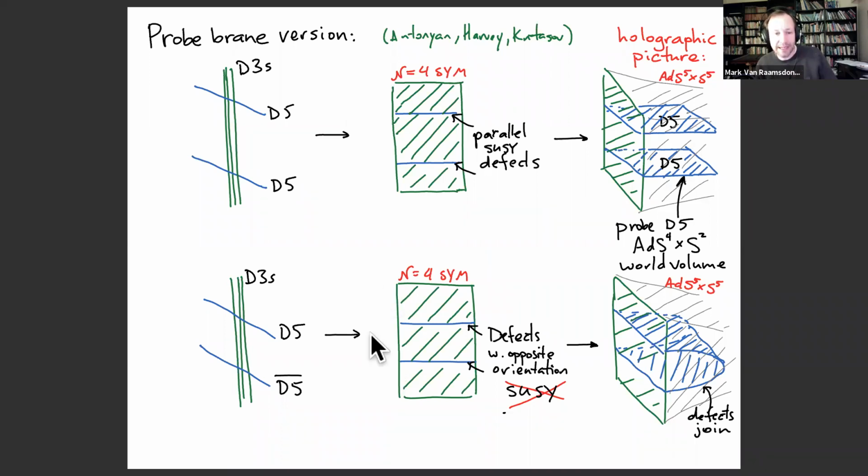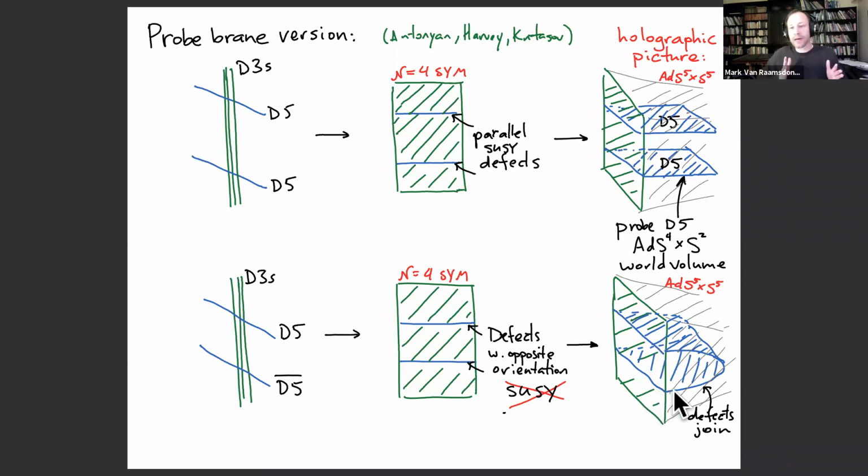On the other hand, if you consider defects with the opposite orientation, so a D5 brane defect here, and then another defect with the opposite orientation so that together it breaks the supersymmetry. Then the picture is that you have a probe brane coming from each of these, but that probe D5 brane has the opposite orientation on the top and on the bottom.